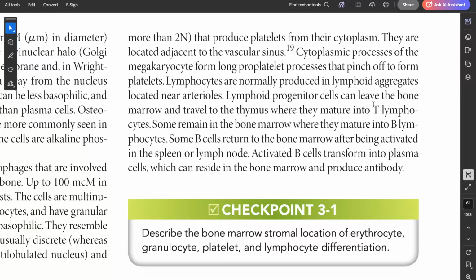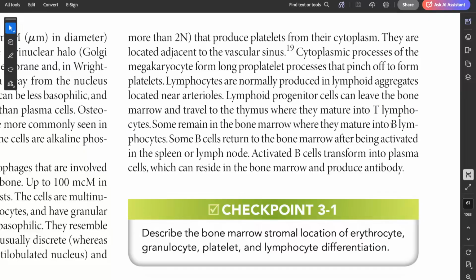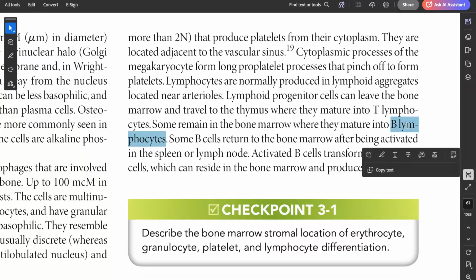If they go to the thymus, they will form T lymphocytes. If they stay in the bone marrow, then they become B lymphocytes.